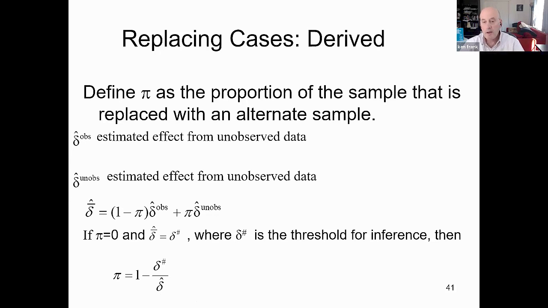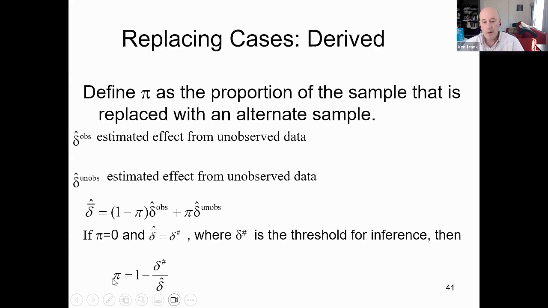So if we then assume that the unobserved effect is 0, that is, that these would be the counterfactual cases, assume that's 0, and then set this to a threshold and solve for pi, you would get this expression.